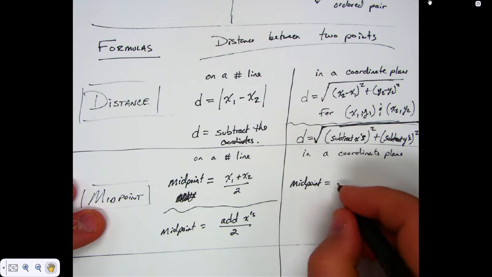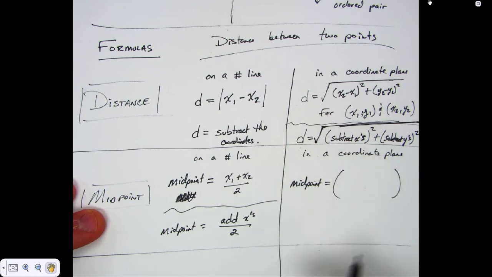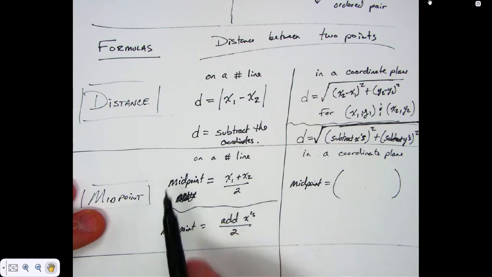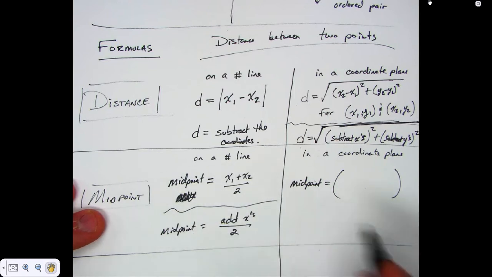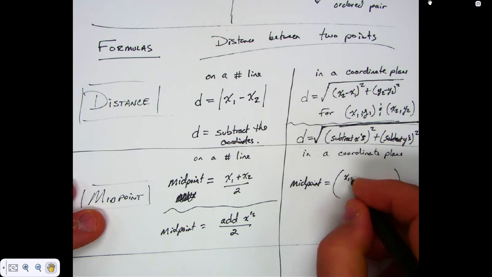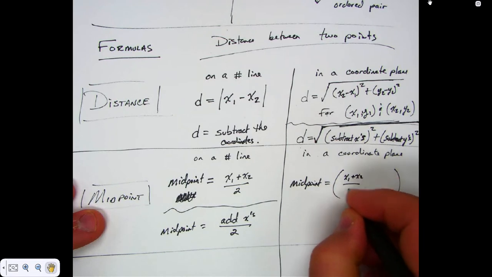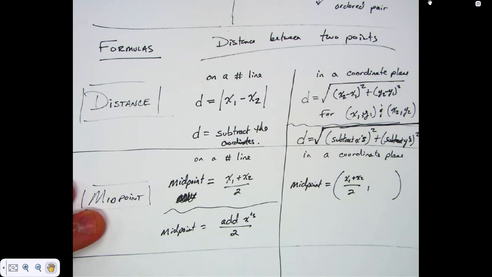Nice thing about this is it's a little different. Because there's x's and y's, you basically have to do the midpoint formula for a number line for each number line. What I mean by that is x1 plus x2 divided by 2, that is the x-coordinate of your midpoint. How do you think you find the y-coordinate?